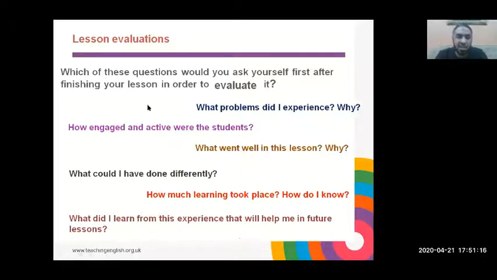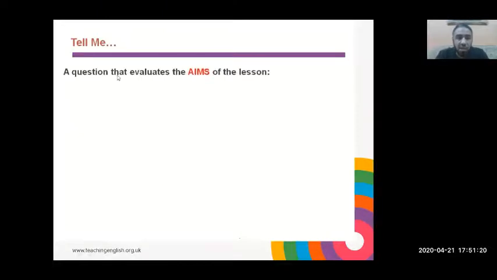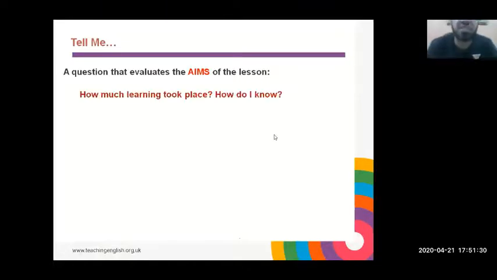Okay, let's see the next slide. A question that evaluates the aim of the lesson. If you wanted to ask yourself a question that evaluates the aim of the lesson, you have to ask yourself this question: how much learning took place and how do I know?